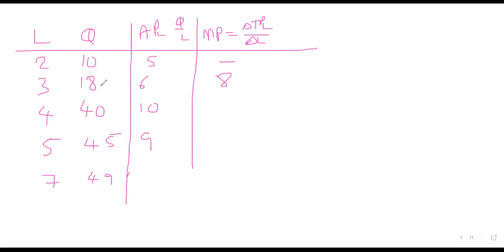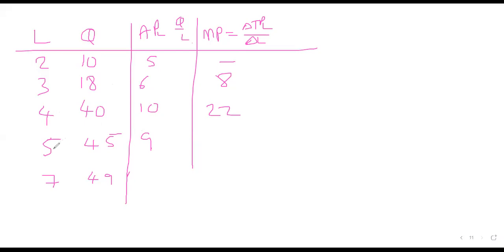Then 40 minus 18, that should be 22. And here 45 minus 40, what do we get? 5.